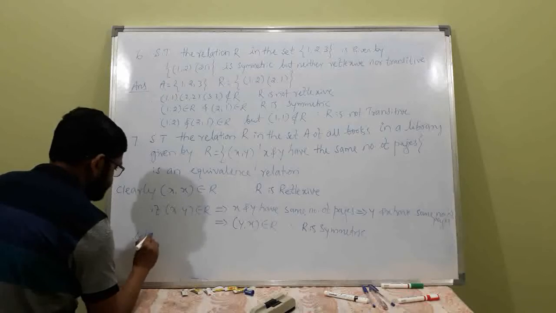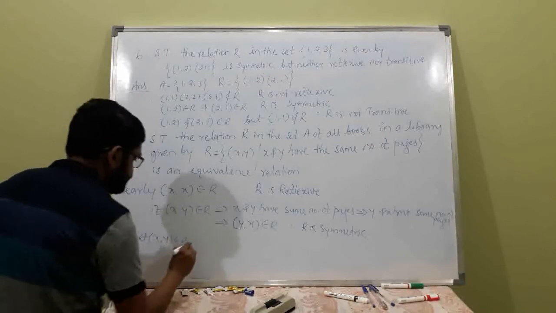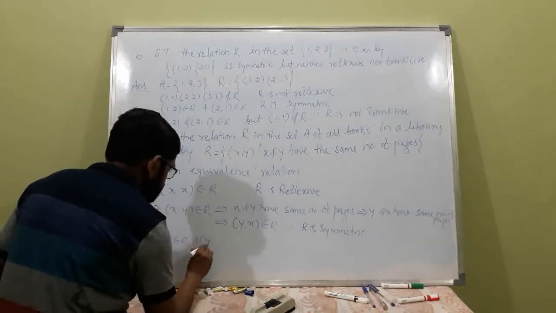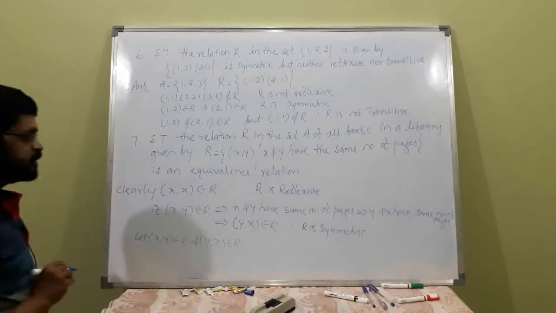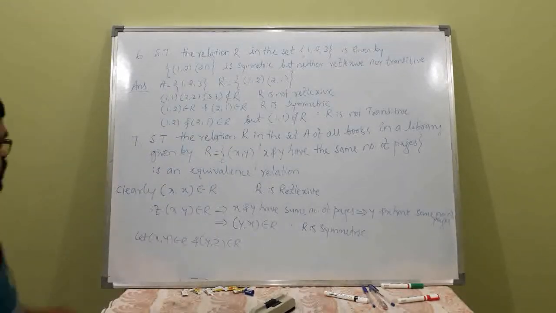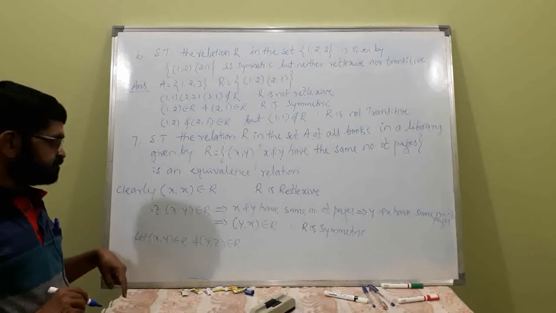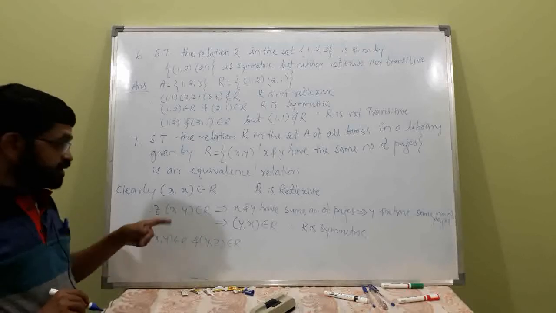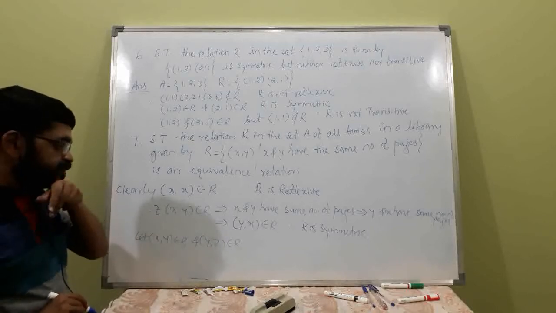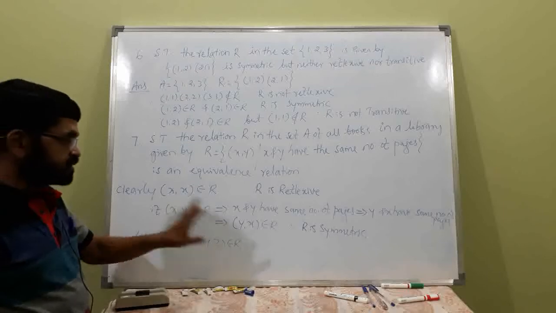Let xy belongs to R and yz belongs to R. Consider three books. Suppose x and y have the same number of pages, and y and z have the same number of pages, this implies x and z have the same number of pages.